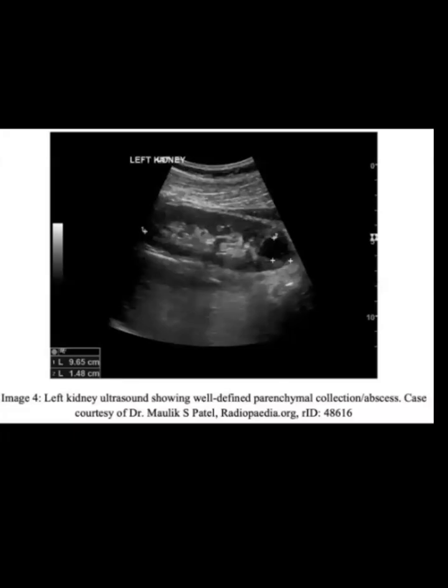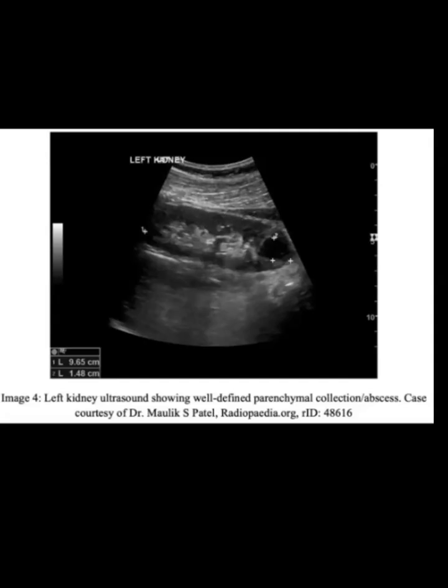This patient presented with a history of diabetes and now swinging fever for the last 10 days. TLC is 28,000. So it can be an abscess as well. Whenever you find any collection, it can be a mass, an infected cyst, or an abscess.